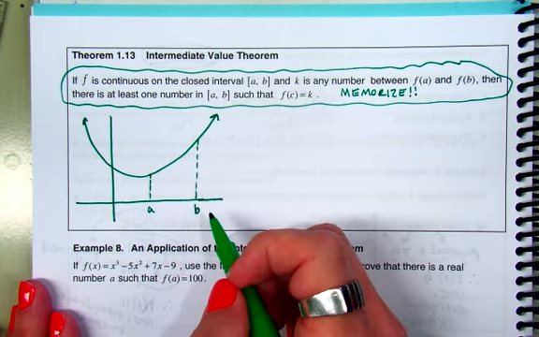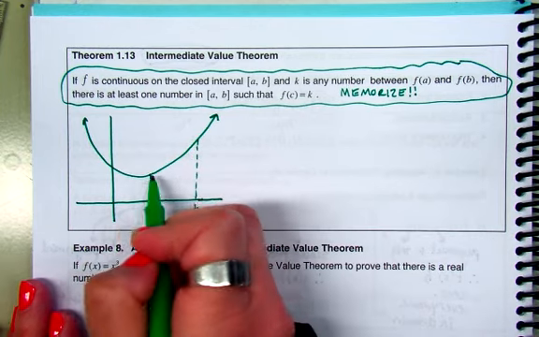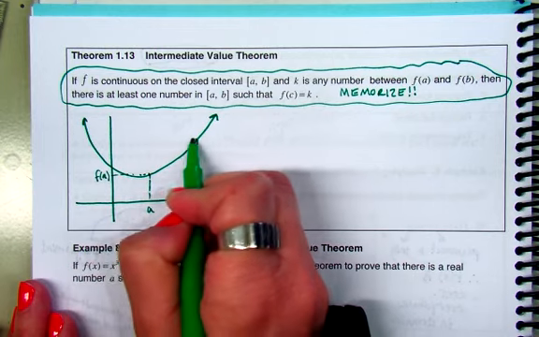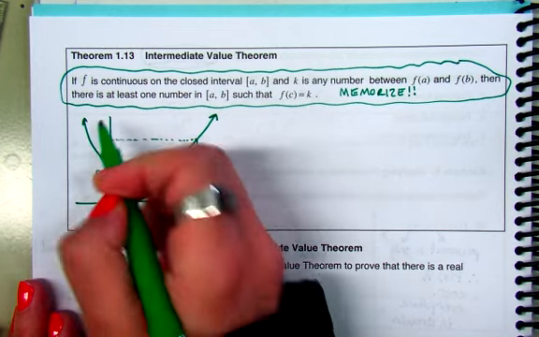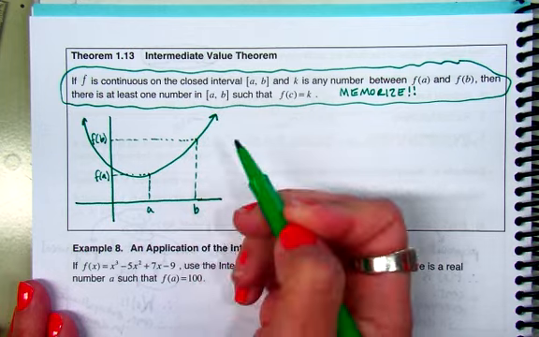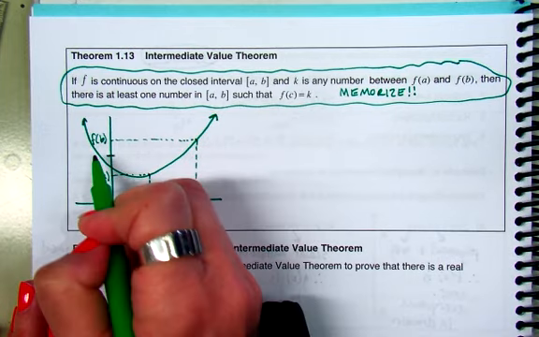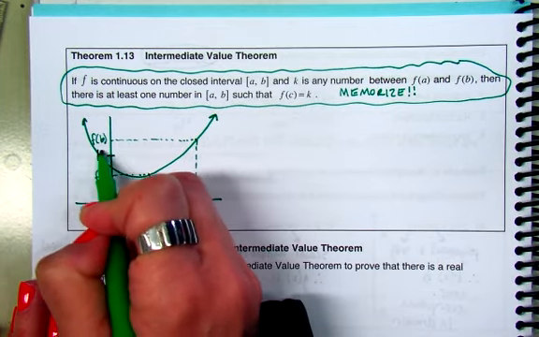And k is any number between f of a, so here's f of a, and here's f of b, and k is any number in between those two. So somewhere in here is some k.